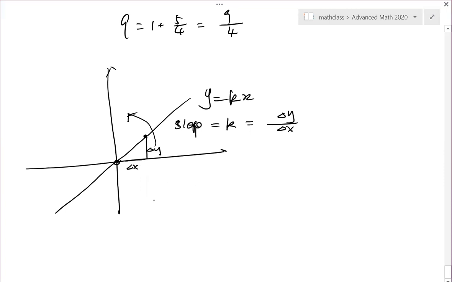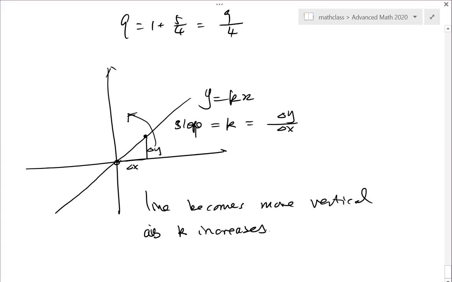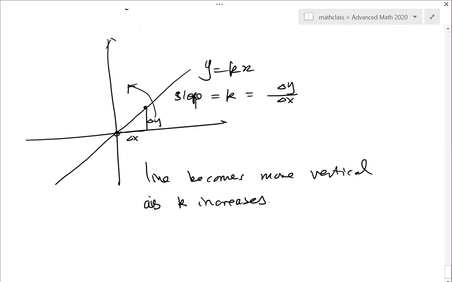So the line becomes more and more vertical as k increases from positive. The y-axis is also a straight line, but you cannot talk about its slope.